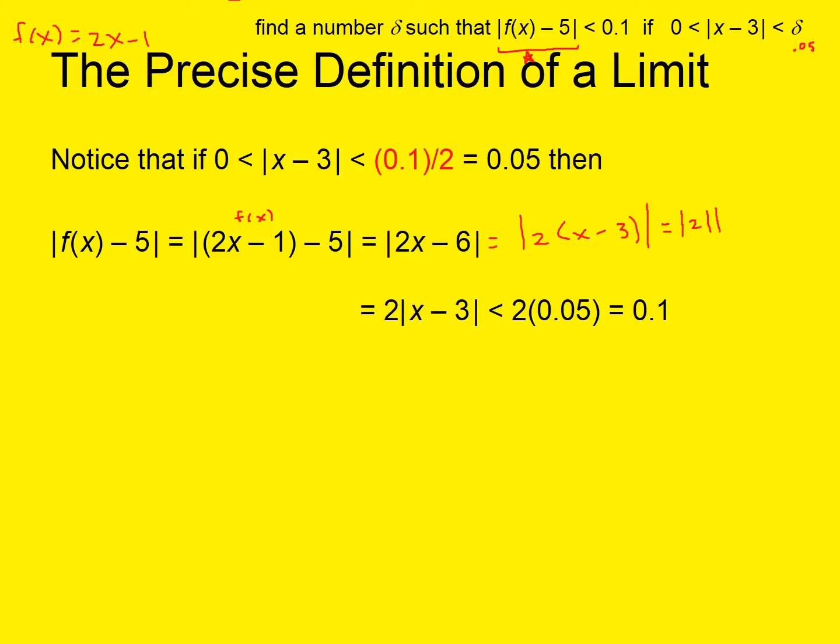But this is the absolute value of 2 times the quantity x minus 3, and there's a rule that allows you to break up the absolute values in this way.